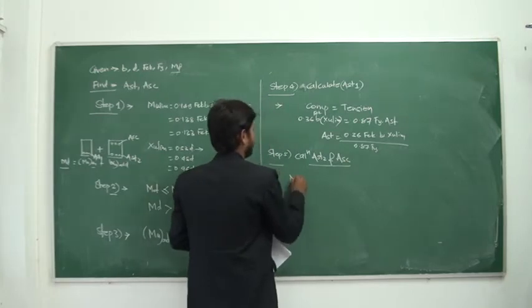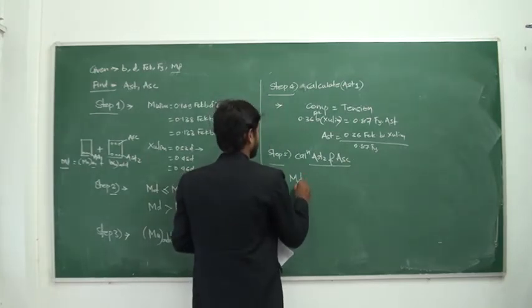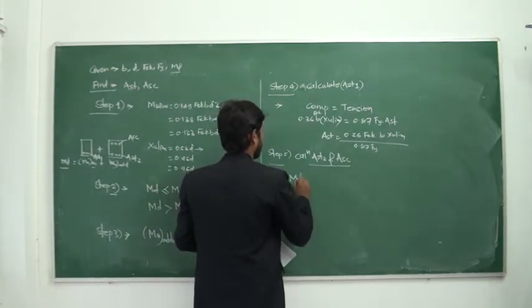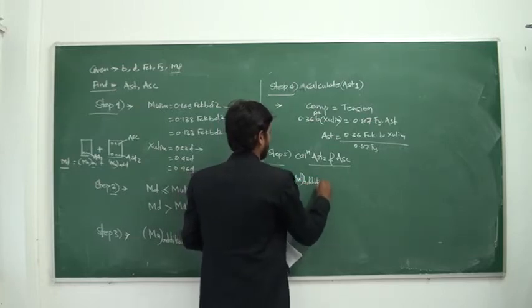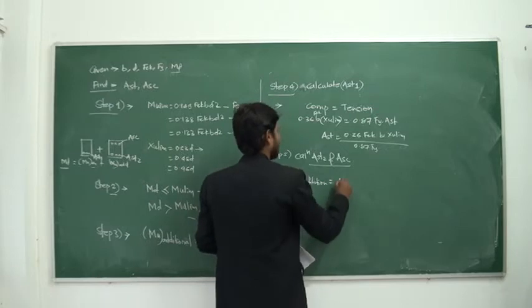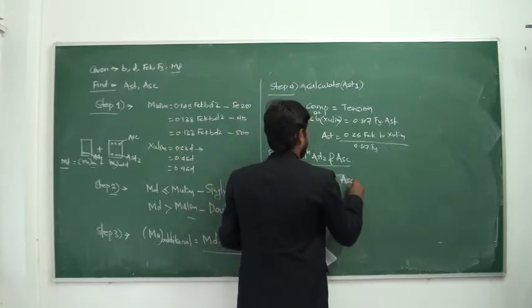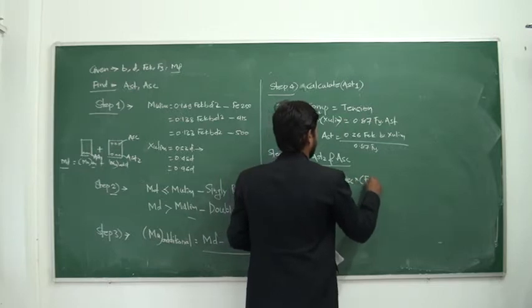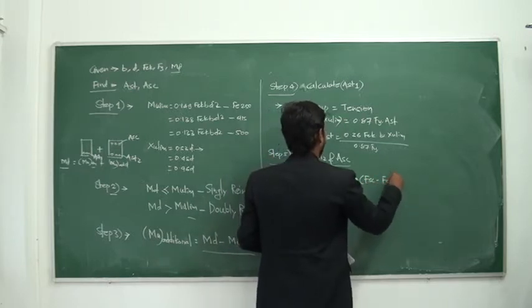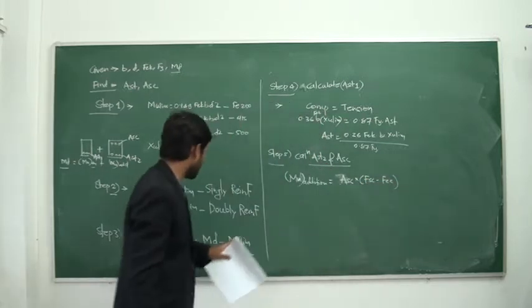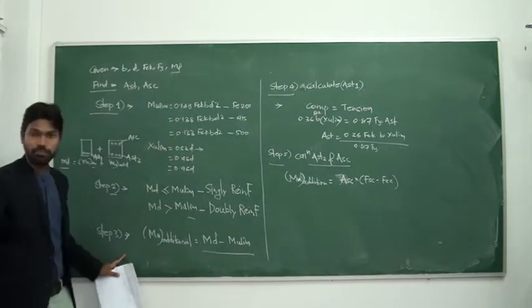We know that we have derived one more equation, that is mu additional is equal to ASC into bracket FSC minus FCC. So now mu additional we have calculated in step number 3.